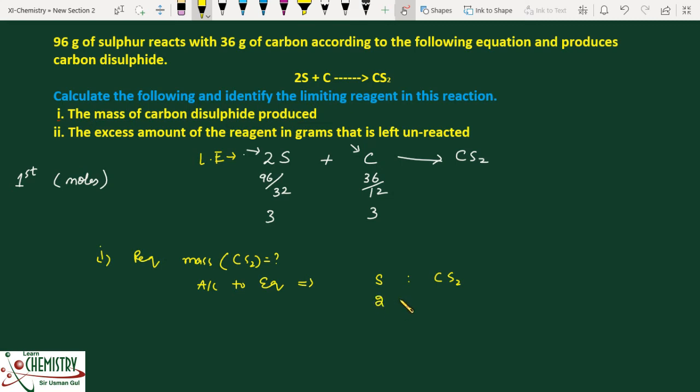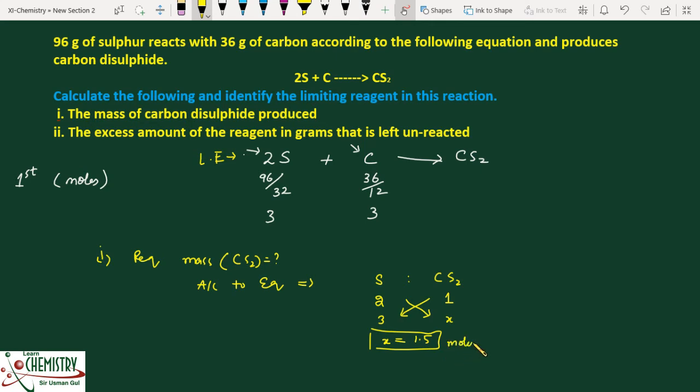Sulfur is 2 and carbon disulfide is 1 according to the equation. In the given we have 3 moles of sulfur, so for carbon disulfide I will assume x. So I will do the calculation, cross multiplication, and when I do the calculation, x equals 1.5 moles.